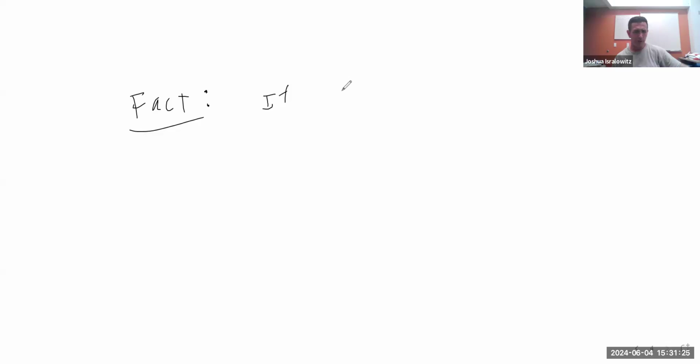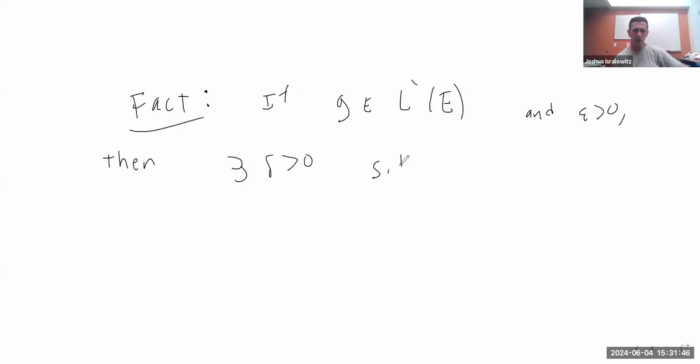So if g is in L1 of any measurable E, and epsilon is bigger than 0, then there exists delta bigger than 0 so that for any A, a subset of E, with measure of A less than delta, the integral of g over A is less than epsilon.